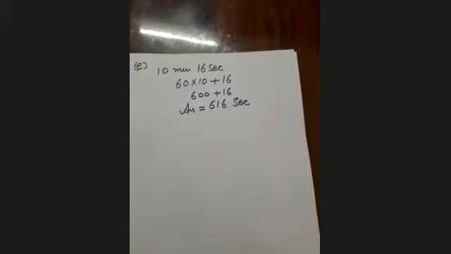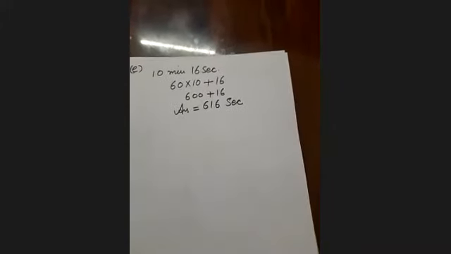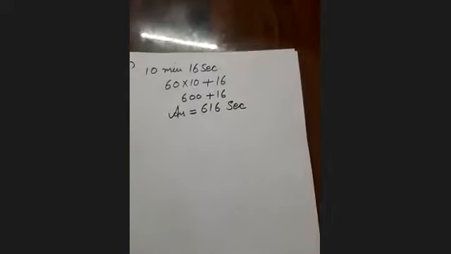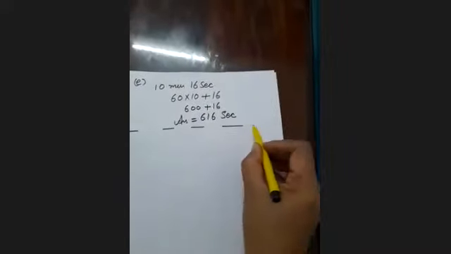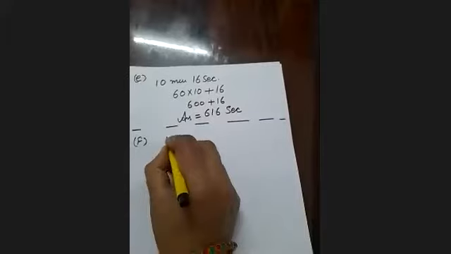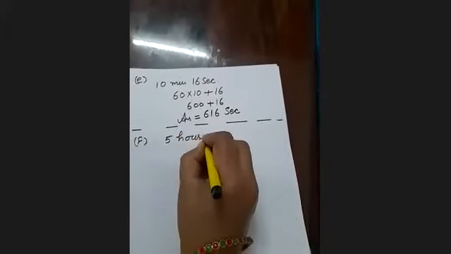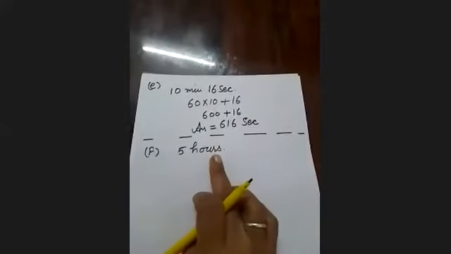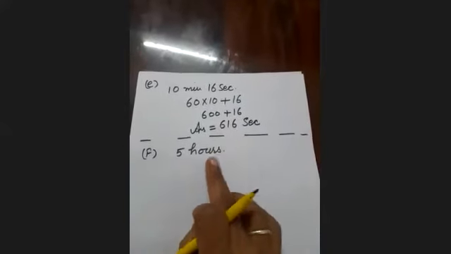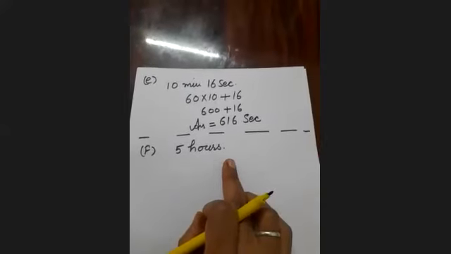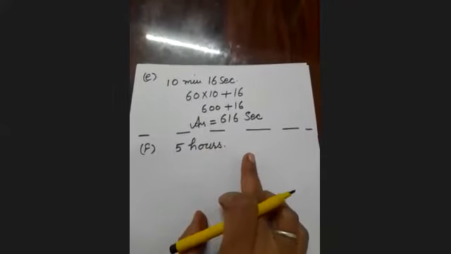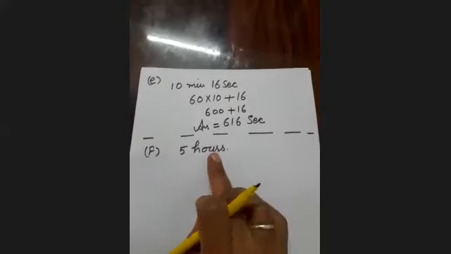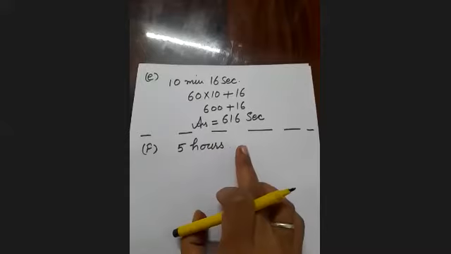Clear, students? Now the last question, part F, 5 hours. Now, students, convert 5 hours into seconds. To convert 5 hours into seconds, first we will convert hours into minutes.